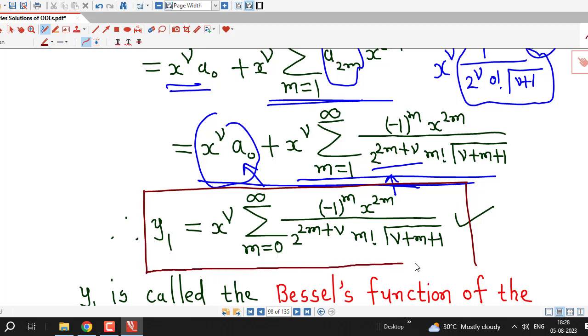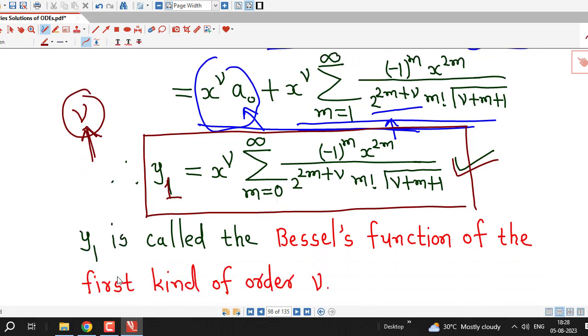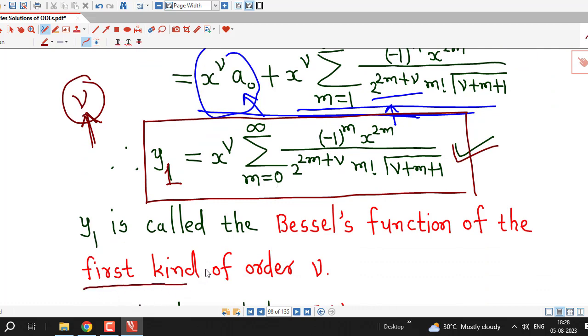We have taken a particular value of a0 and we have written this solution. Therefore it is called a particular solution of Bessel's equation, and this nu is called the order of Bessel's equation. And because this y1 is a function of x, and because it is a solution of Bessel's equation of order nu, it is called Bessel's function of the first kind of order nu.